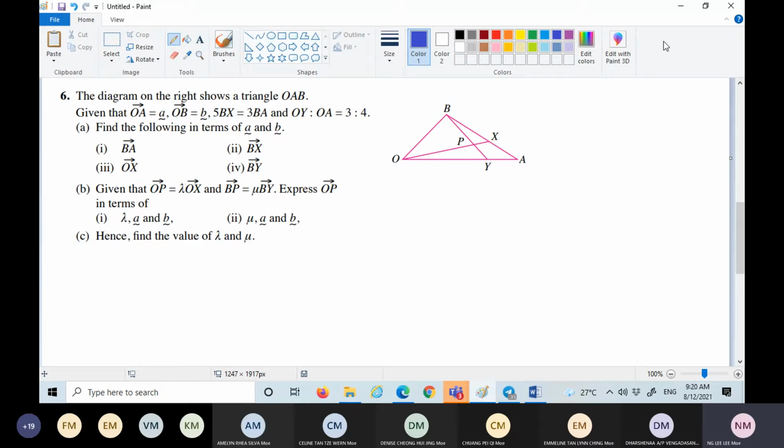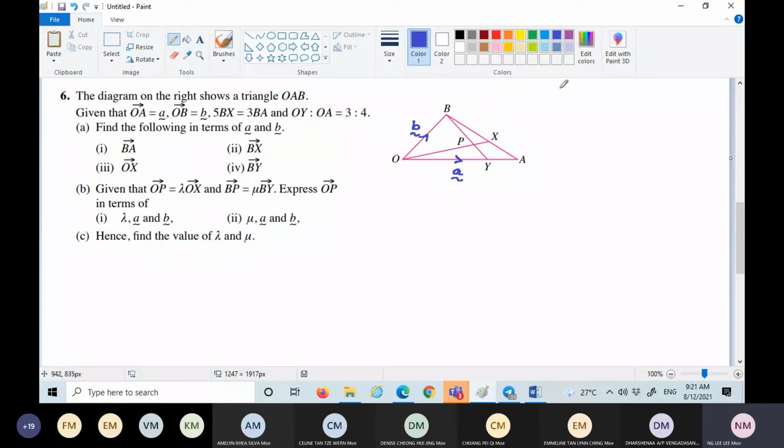Okay, this is triangle OAB. Whatever information is in the text, transform it into the diagram, easier. So we start. OA is A, so you can label the arrow. And then OB, O to B, this is B. And then 5BX is equal to 3BA. What's the meaning of this?